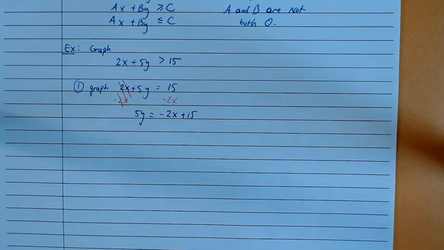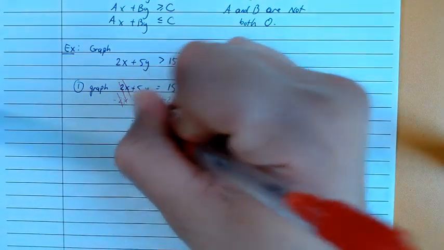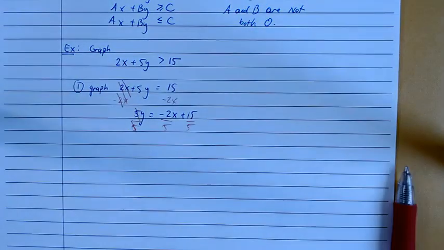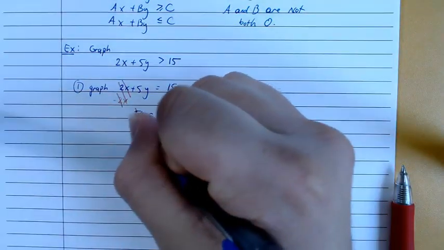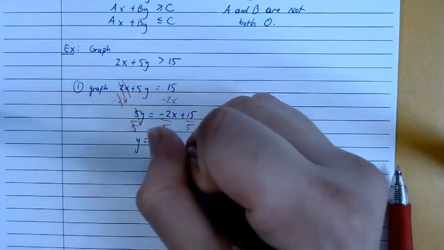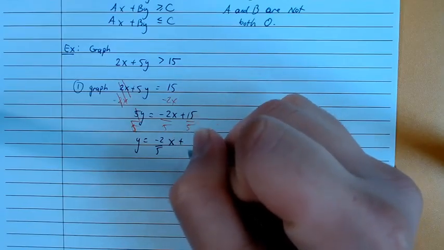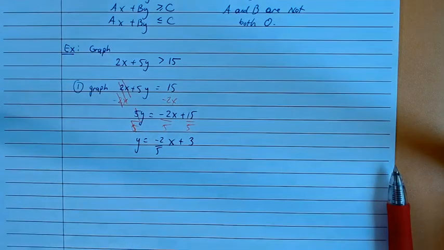Now we can divide everything by the number 5 to isolate our y. 5 divides away, and we're left with y. Over here, negative 2 divided by 5, that's negative 2/5 x. And then 15 divided by 5 is just the number 3.